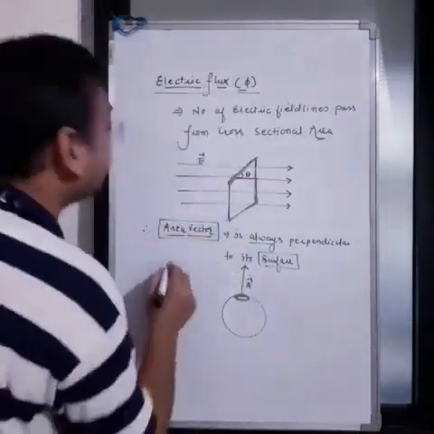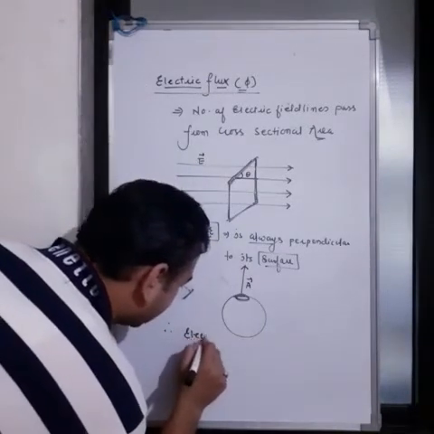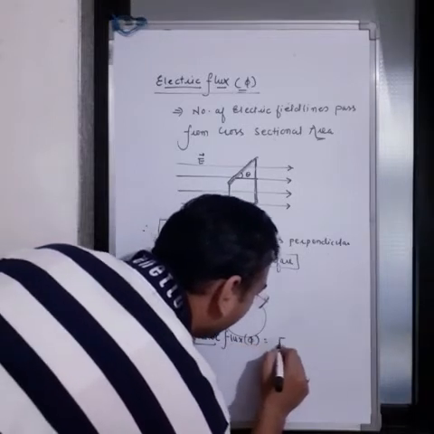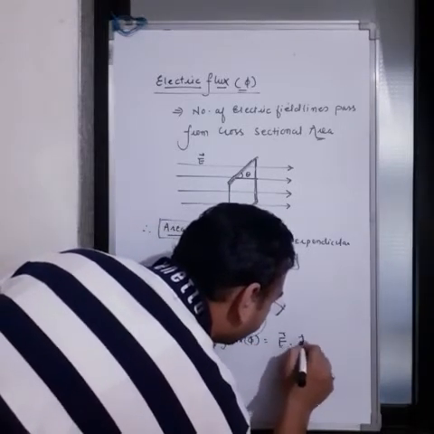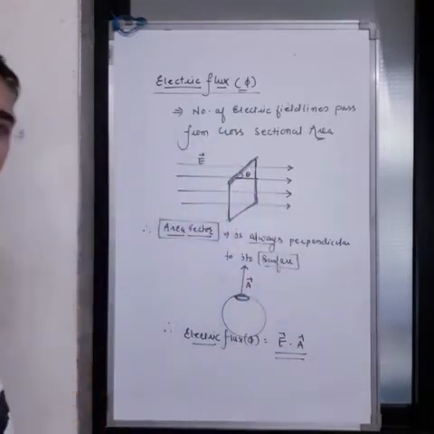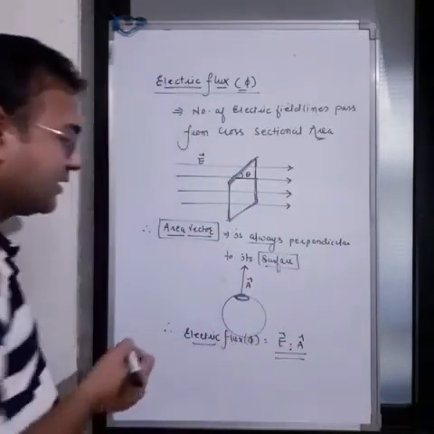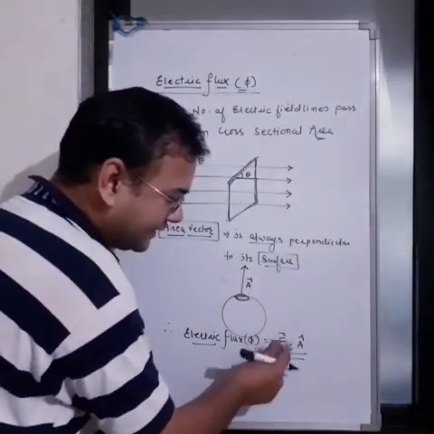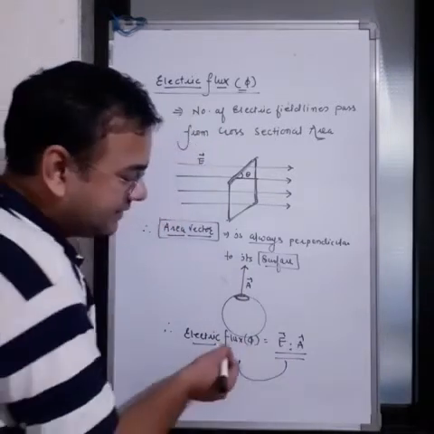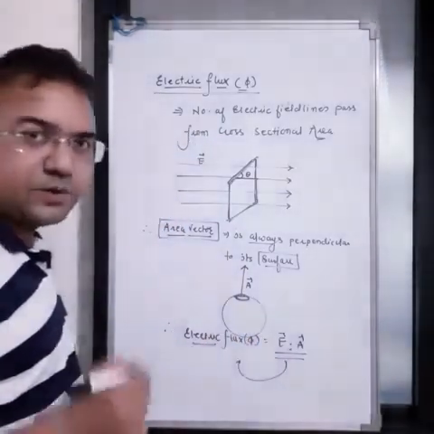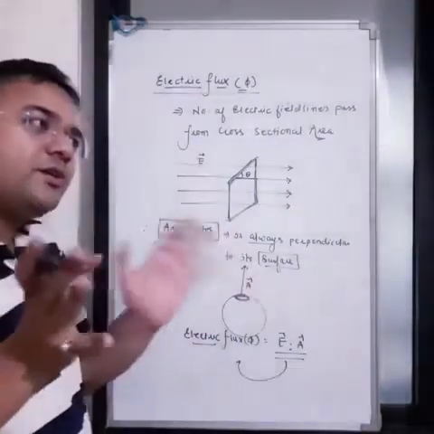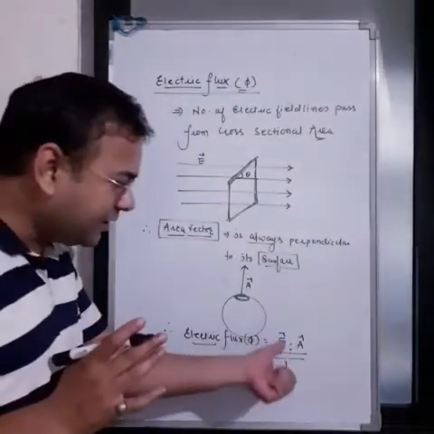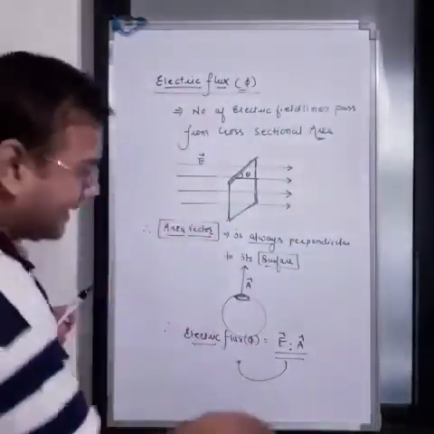So we can consider electric flux phi is equal to E dot A. Here we use the dot product. Why do we use the dot product? Because the product of these two vectors gives a resultant which is a scalar quantity. We already know that when the product of two vectors gives a scalar resultant, it is denoted by the dot product.